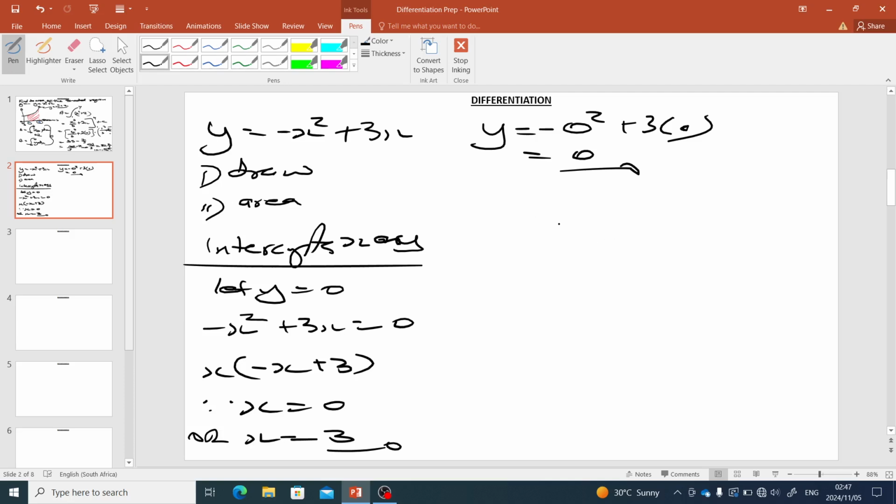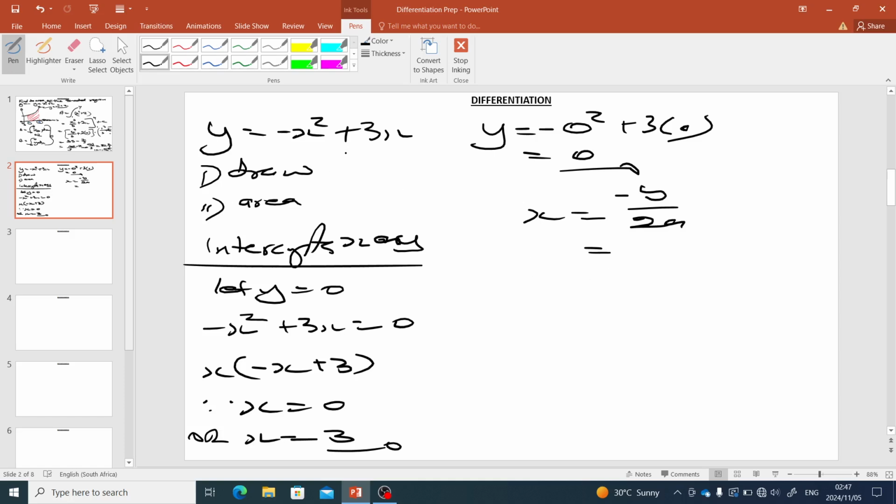Then the next thing that we need to do is to calculate the axis of symmetry. We'll use this formula: x equals negative b over 2a. Why this one?